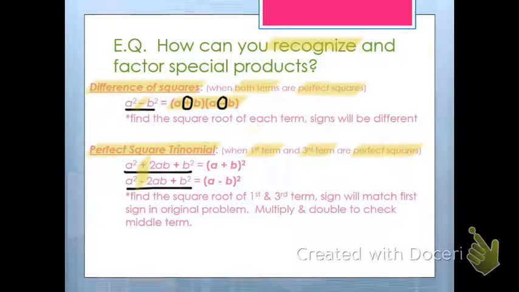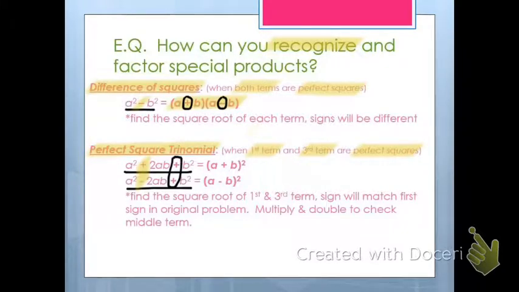If we are in fact dealing with a perfect square trinomial, what has to be true about the second sign? Not the same. That's a good guess, but it's not that they have to be the same. These are the formulas. In both of these formulas, what is the second sign? Positive. So the key to a perfect square trinomial, the second sign has to be positive. And we will practice that as we go. All right? Now, look at the answer to both of these.